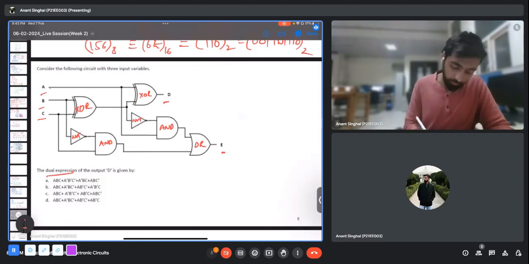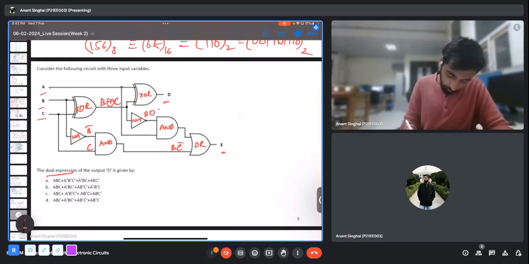As you can see, A is getting inputted to this, and here it is B and C. So this will be B XOR C. Here it will be B complement. Here it will be C. So this will be B C complement, and finally this is getting into the NOT.